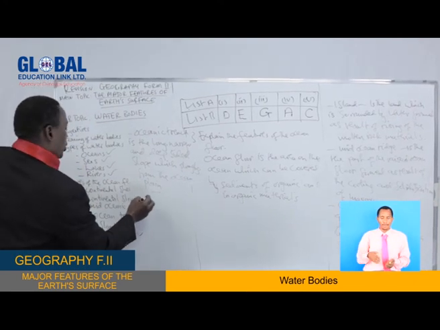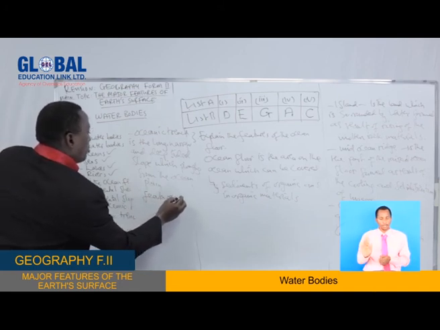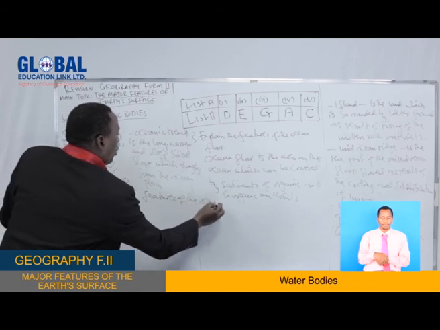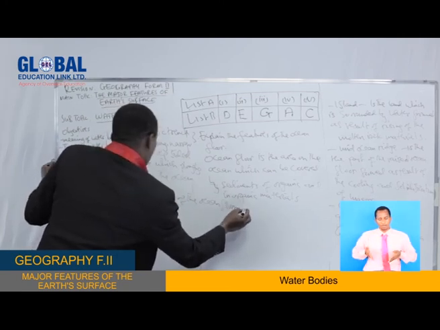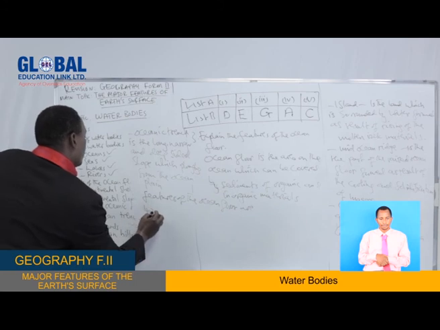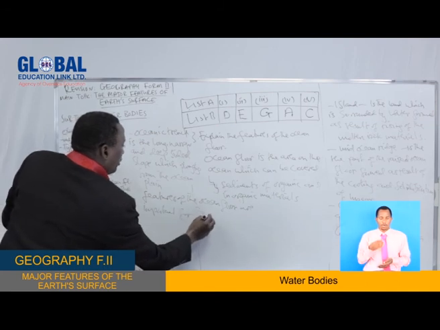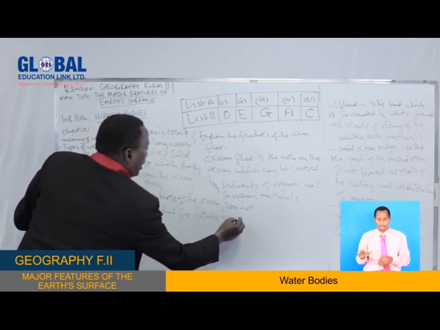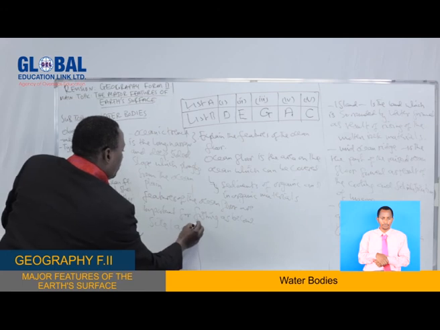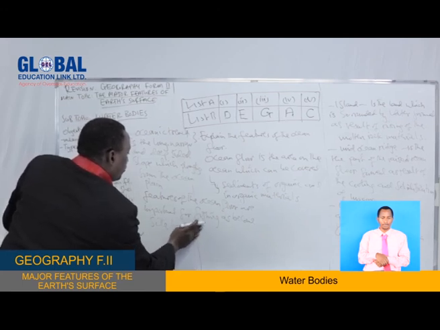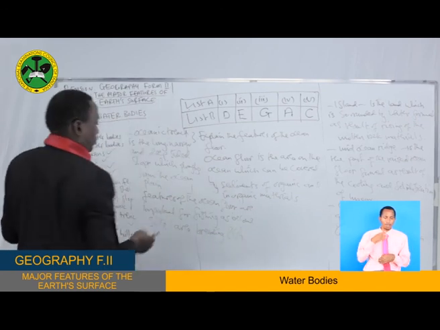So say the significance of it: the features of the ocean floor are important for fishing, as they become sites or areas for breeding fish.